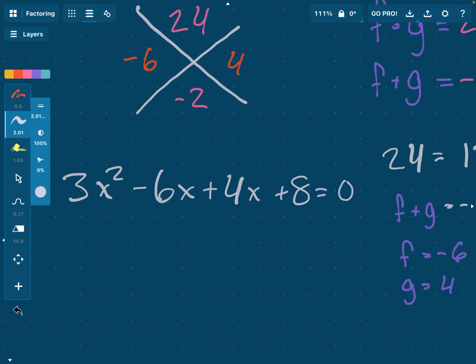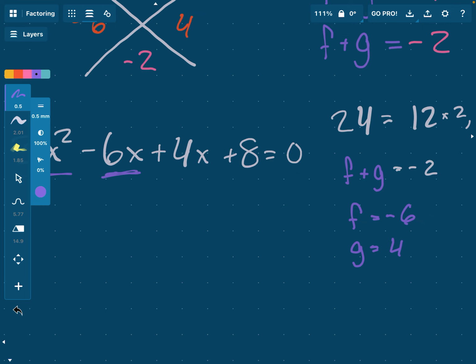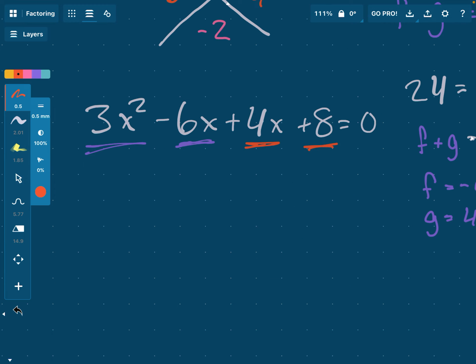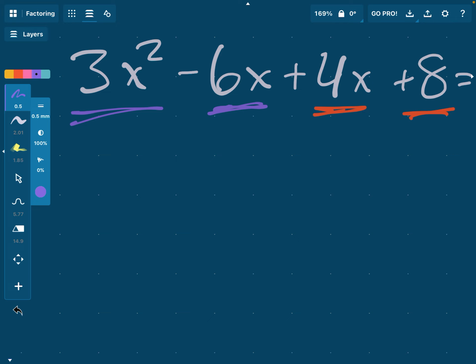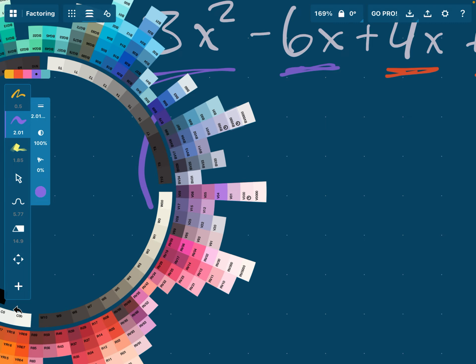In this problem, it's much more apparent which numbers are going to be grouped together, since 3 and 6 are both multiples of 3, and 4 and 8 are both multiples of 2, or even 4. So we're going to group together those numbers based on that key insight. Oh, again, I lost my color. I seem to do that a lot.